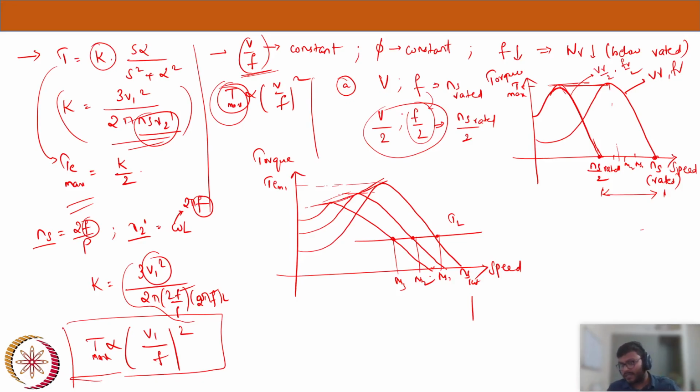I have reduced my frequency below supply frequency to get a speed control below the rated speeds. From this point, I have frequency rated, and from here to here, I have achieved speed control below rated speeds.